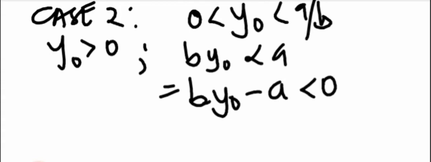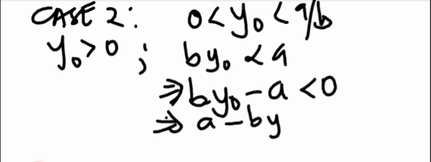But I have my equation of the form a minus b y naught. So I just multiply through by minus 1, and a minus b y naught is bigger than 0. Just for a quick peep into the future, I'm teaching you foresight now. Look at y naught, multiply it with this. Two positive numbers multiplying is positive, bigger than 0.